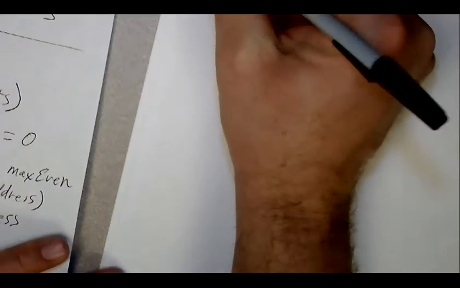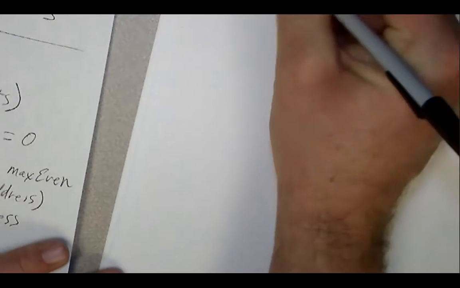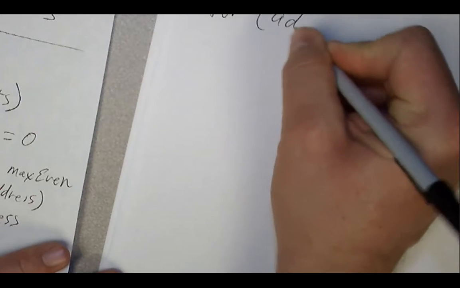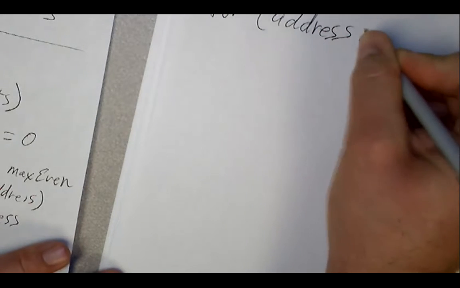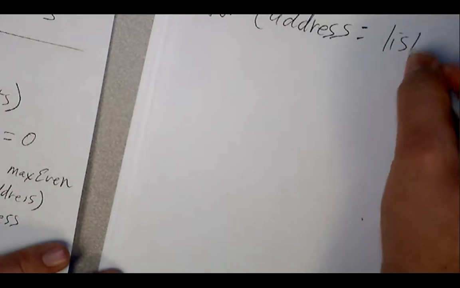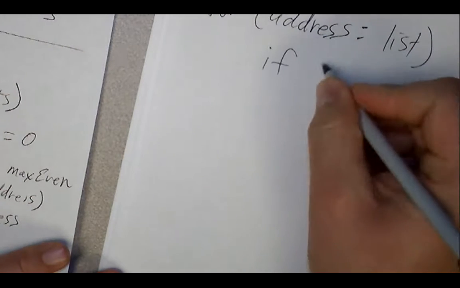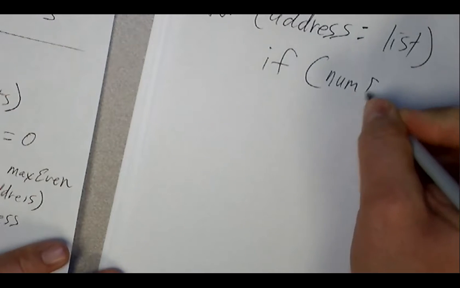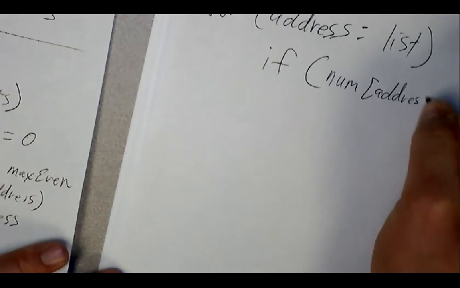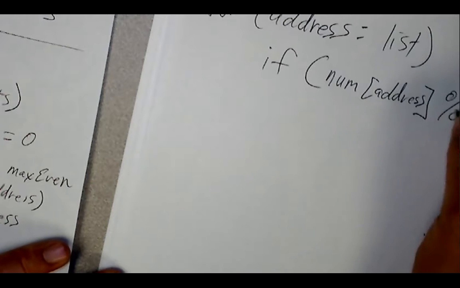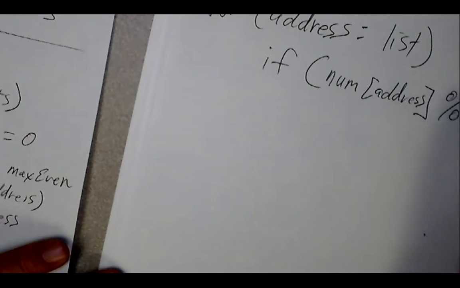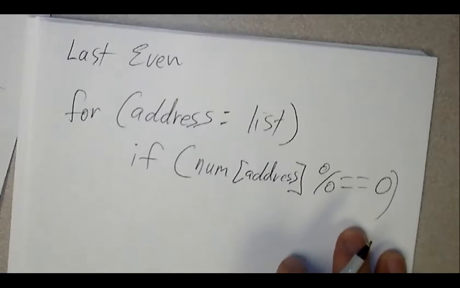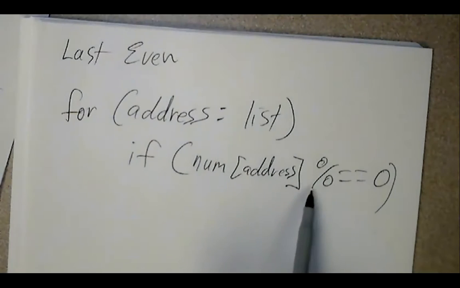So for all the addresses in the list, if the num at that address, this is a syntax that we use in Java and a lot of other languages.